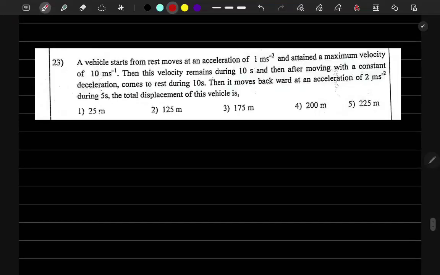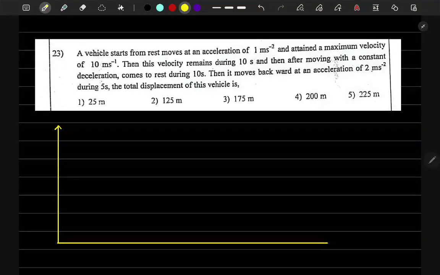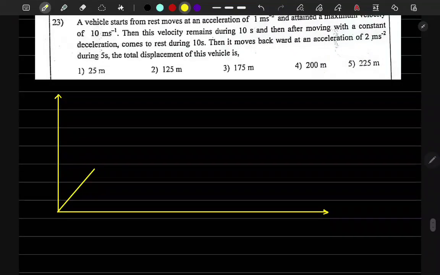Question number 23. In question number 23, a vehicle starts from rest and moves at an acceleration of 1 meter per square second and attains the maximum velocity of 10. So in this question as well, it's easy if we draw the VT graph or the VT curve. So we have an object starting from rest, moving at 1 meter per square second, and it attains a maximum velocity of 10 meters per second.